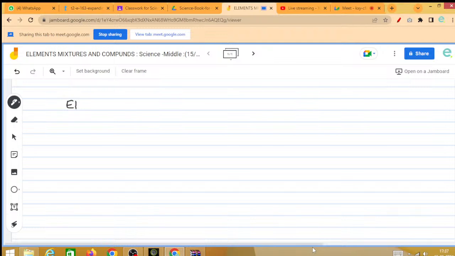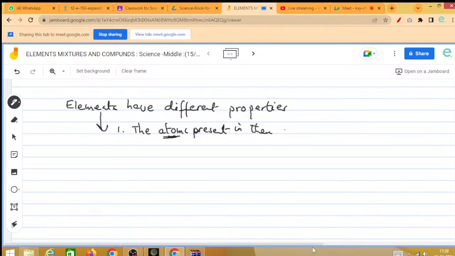Why do they have different properties? Because of, first, the atoms present in them, right? So the atoms of each element are different. So the property of the atom is what the property of the element will be.